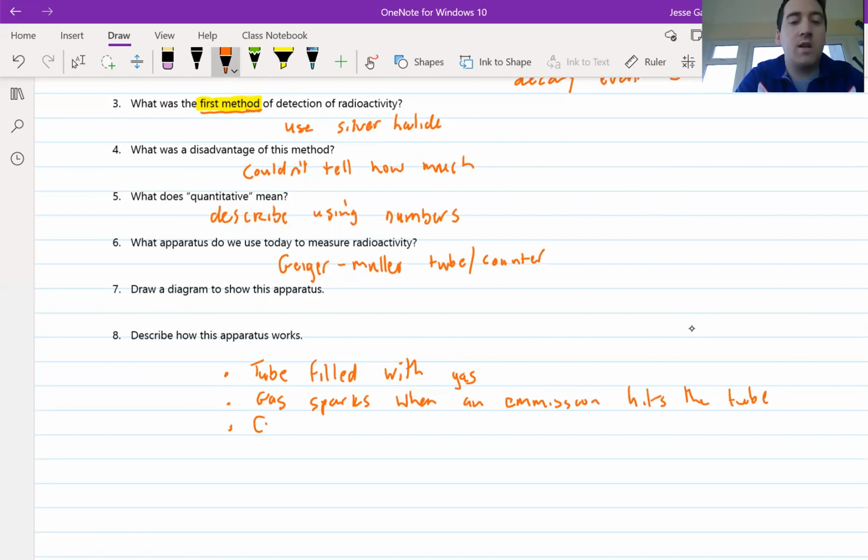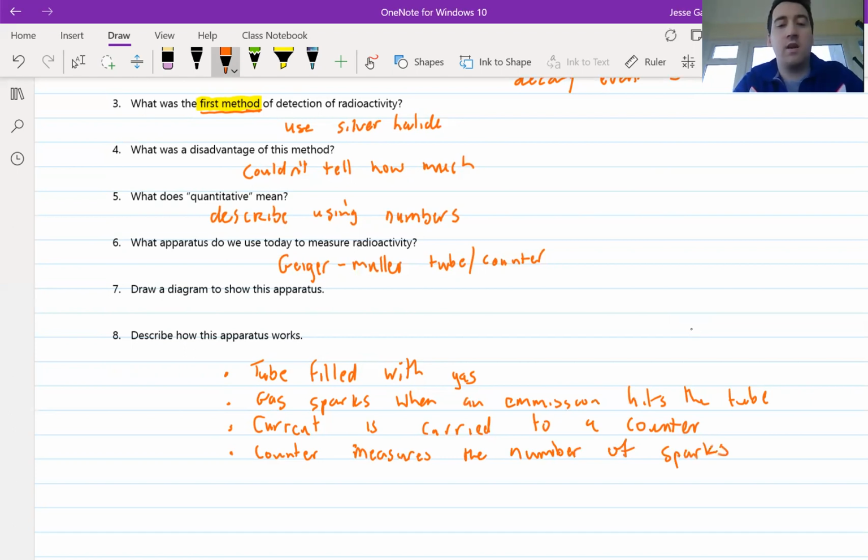This creates a current, and the current is carried to a counter. The spark creates a current, the current is carried to a counter, and the counter basically measures the number of sparks, I suppose.